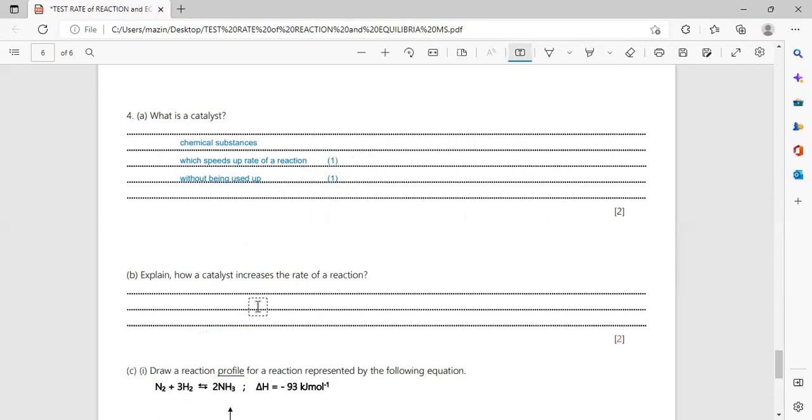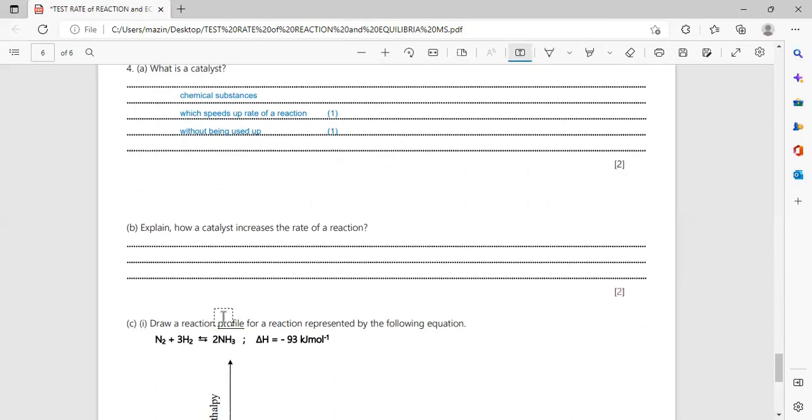Explain how a catalyst increases rate of reaction. This happens because the reaction occurs by an easier route. This is an easier alternative route of the reaction. Okay, so this scores some marks, and less activation energy.